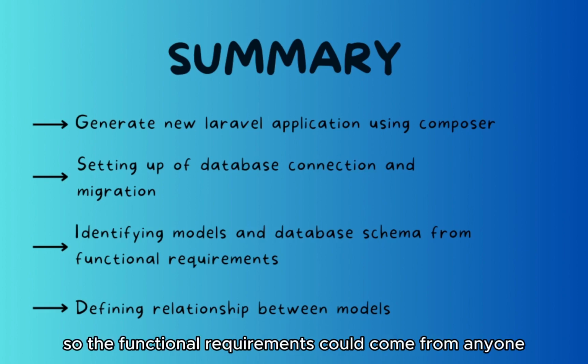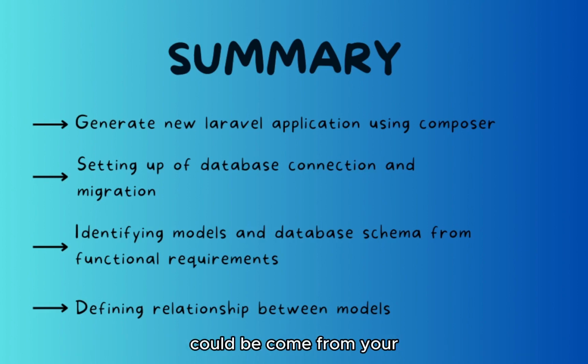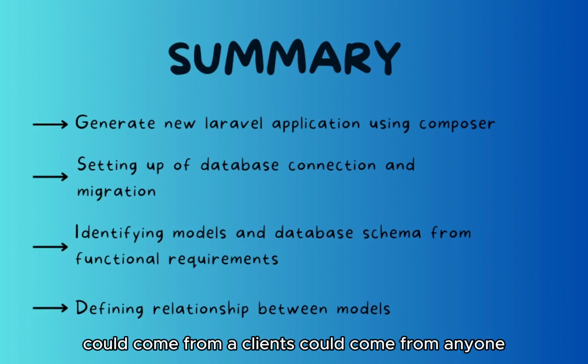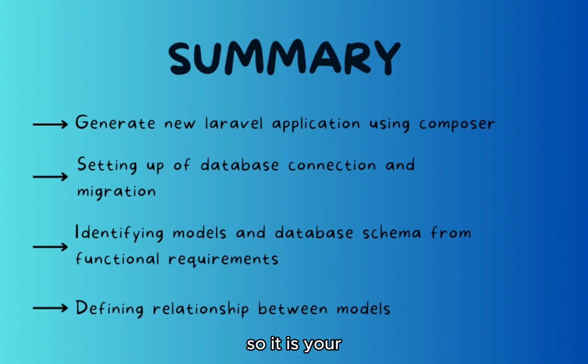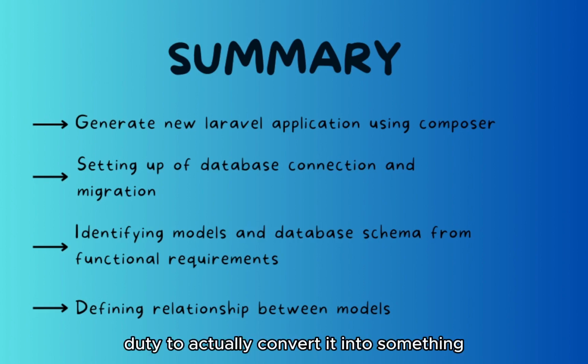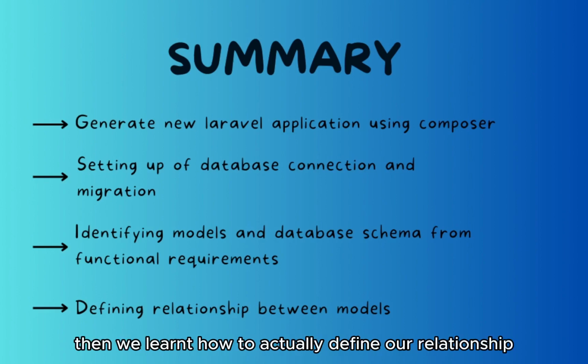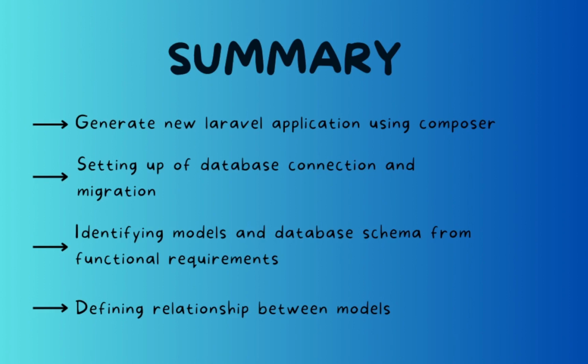The functional requirements could come from your project manager, from a client, or from anyone. It is your duty to convert it into something you can now turn into code. Then we also learned how to define our relationships, how to associate each of the models, whether it is one to one, belongs to, or has one relationship.